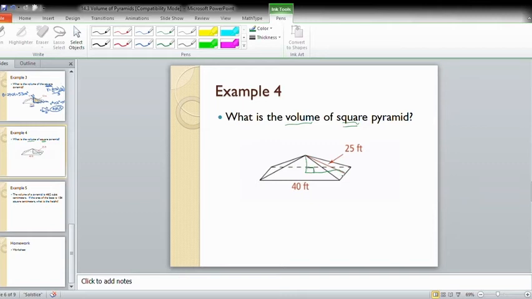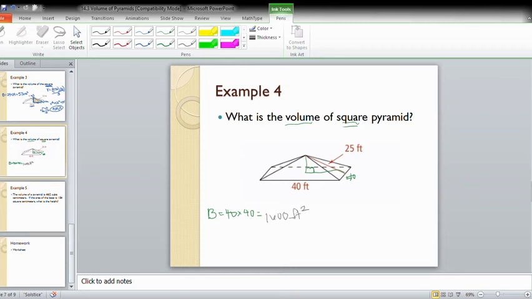So we know it's a square. 40 times 40 is going to give us our big B, our area of our base. So 1,600. And feet squared if we want to be.